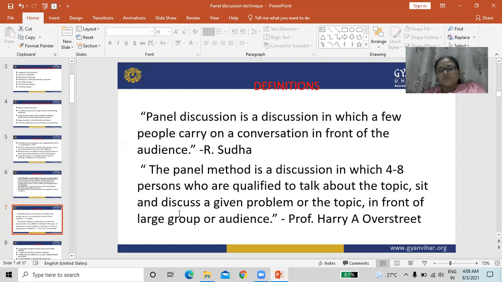According to Professor Hari, the panel method is a discussion in which 4 to 8 persons who are qualified to talk about the topic sit and discuss a given problem or topic in front of a large group of audience.